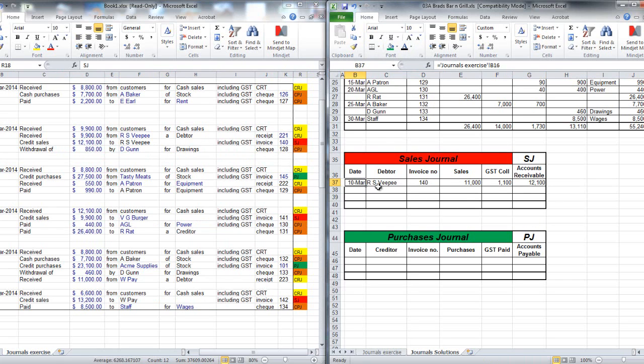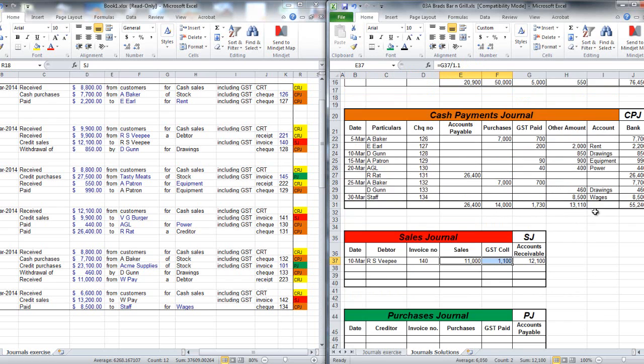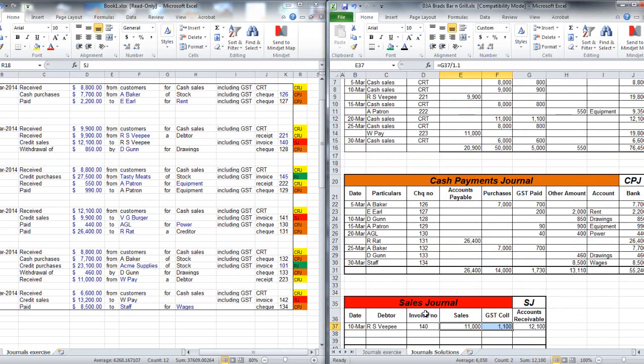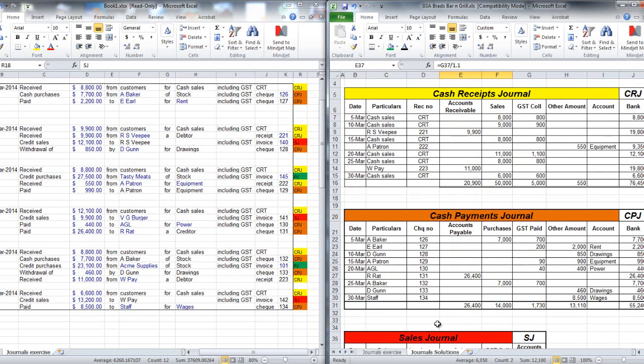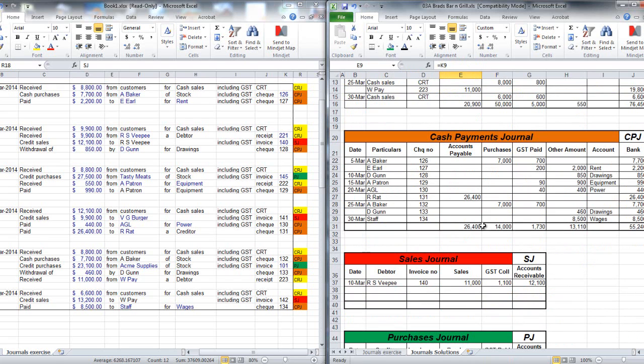So you write the date, who you make the sale to, the invoice number, and you break up the GST there. This is where you account for the GST. Whereas before, you'd make the sale, and then you receive the money from one of these.